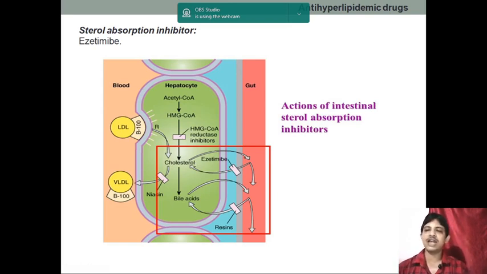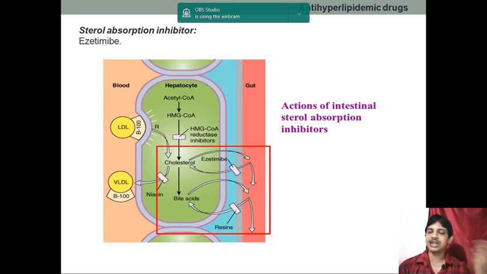After oral administration, ezetimibe is absorbed from the intestine and then mostly converted into its pharmacologically active compound, that is the ezetimibe glucuronide.